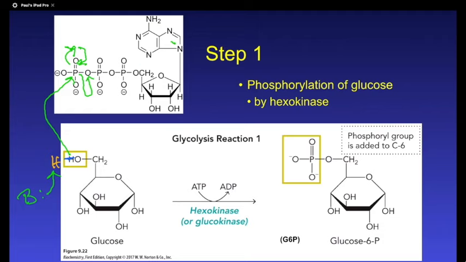This phosphate is added. This oxygen was the original oxygen of the hydroxide, and that phosphate was originally part of the ATP. And if we label the oxygens, we could actually see that being the case. Okay? I've created glucose 6-phosphate, the first reaction.